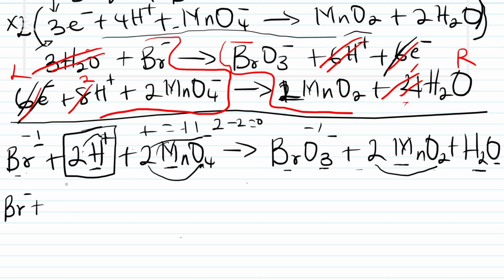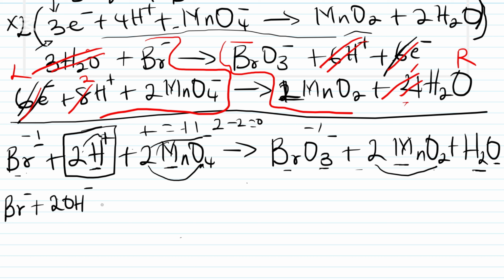The number of OH minuses that we're going to add in a reaction is determined by the number of H pluses. If you have a 5H plus, it's going to be 5OH minus. So the number of OH minuses is determined by the number of H plus. So now we say plus 2OH minus.